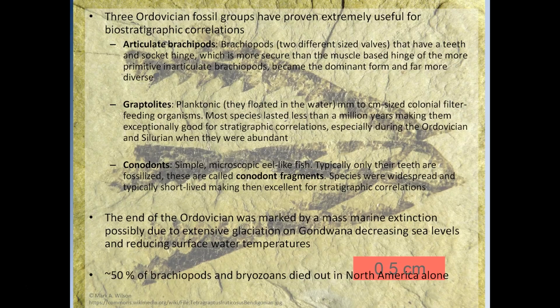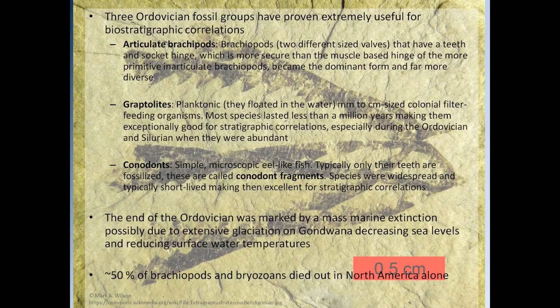So that makes the shell more difficult to pull apart. Now, they become dominant in the Ordovician, and the inarticulate brachiopods essentially become the minority of the brachiopod species around. And of course that makes sense. The articulate brachiopods have a better shell design, and so of course they're going to have an evolutionary advantage. So that's not really a huge shock.